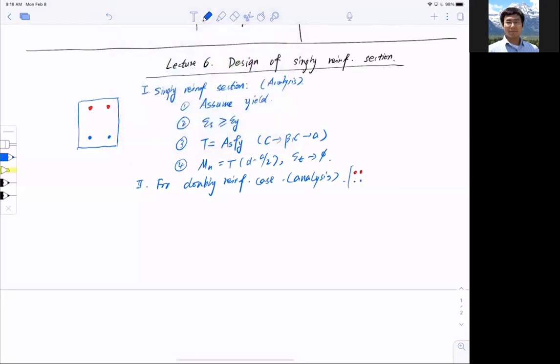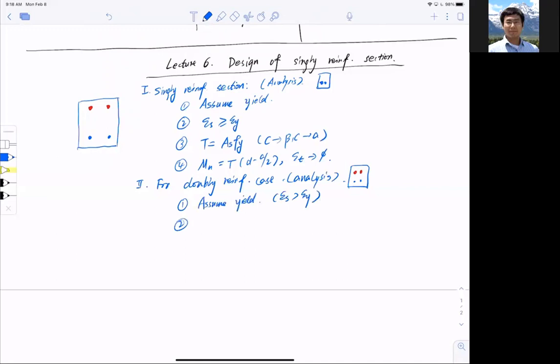Here, a single layer on the bottom; multiple layers would be a different story. So that's the compressive reinforcement. The step is first assume yield. Always assume yield. Why is that? Because we need a starting point, and the starting point is to assume yield in the tension, so epsilon s bigger than epsilon y, and so on and so forth.